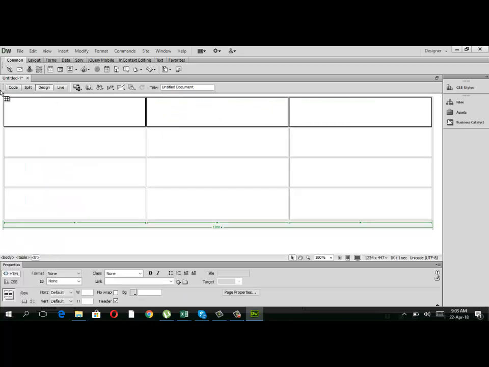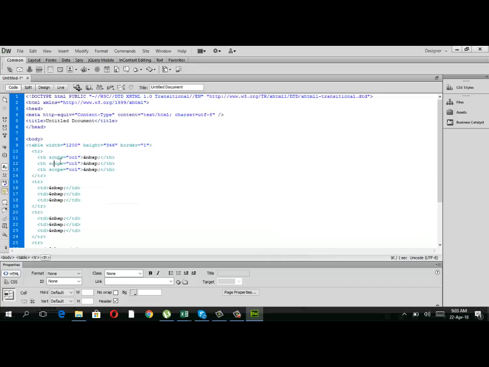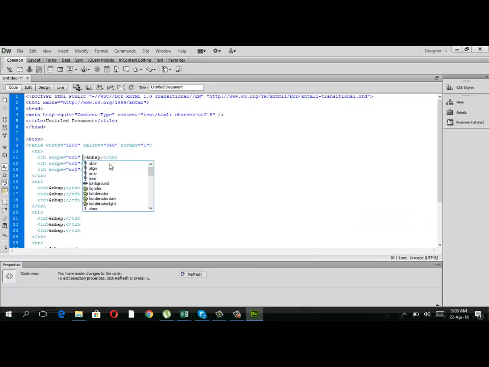We were supposed to make all these 3 cells with width equal to 400 and height equal to, let's say, 140. I don't exactly remember.